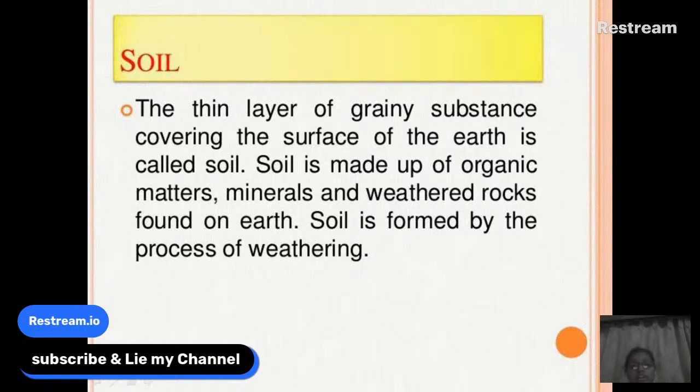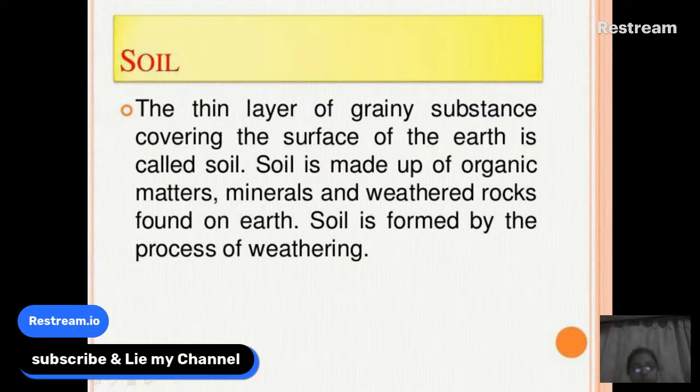It is closely linked to the land. Landforms determine the type of soils, and soil is made up of organic matter, minerals and weathered rocks found on the earth.